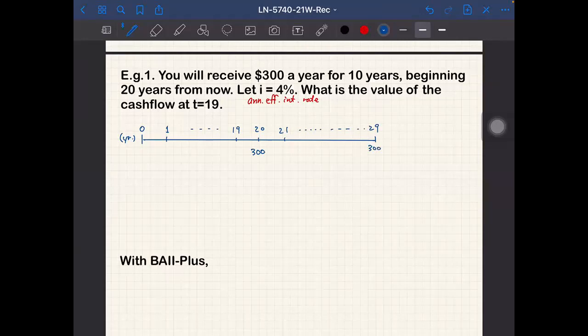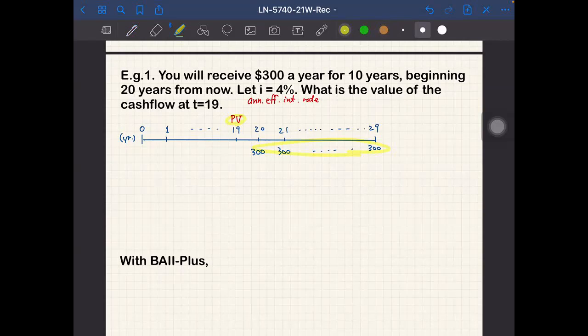And we want to calculate, okay, so $300 each year. And we want to calculate the value of the cash flow at time 19. So that means the present value is here. And here, the relationship between this PV and the cash flow, $300 10 times, is exactly that the PV is annuity immediate for 10 years.